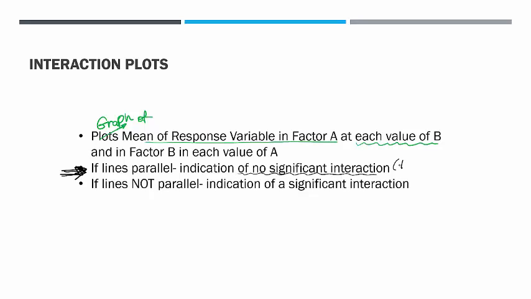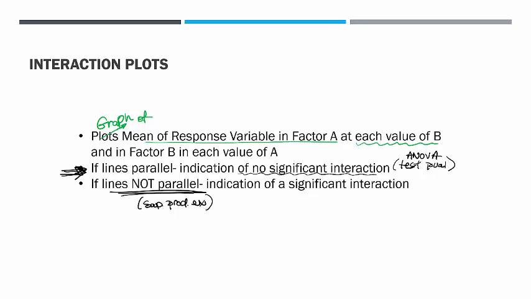Now, of course, you would have to do the ANOVA test to know that for sure and look at a p-value. But by looking at an interaction plot, we do get a sense for whether or not there's a significant interaction, whether it looks like there is. That would be if the lines are not parallel, as we saw in the sap production example.